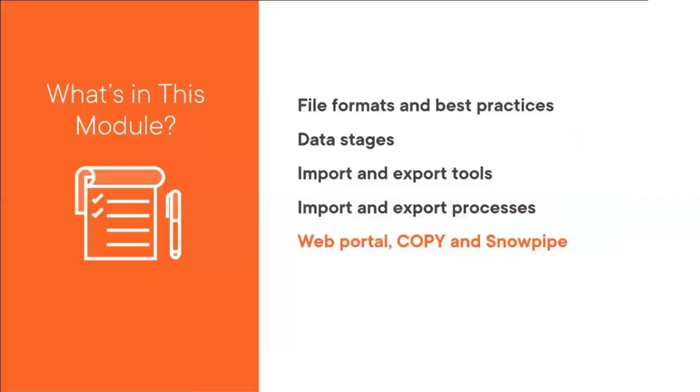The first object is file format. Next is stage. Then we have a copy command and then we have Snowpipe. So you need to remember these four things. File format, stage. The copy command is not an object.